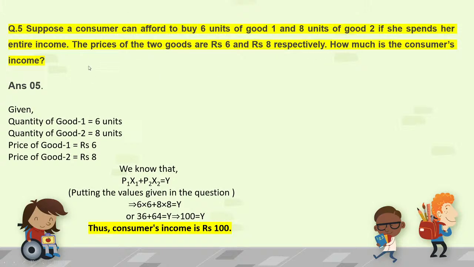So see, the values of all the variables in this budget line equation are given. Only income needs to be calculated. Quantity of good 1 is 6 units, quantity of good 2 is 8 units, price of good 1 is 6, and price of good 2 is 8. So we'll simply pick the equation of the budget line, put all these values here and calculate the value of income, which comes out to be rupees 100.